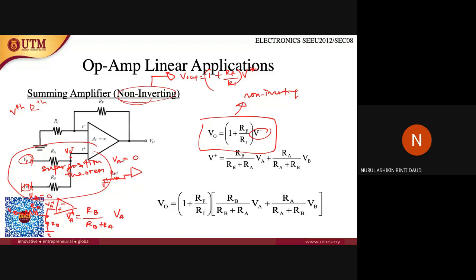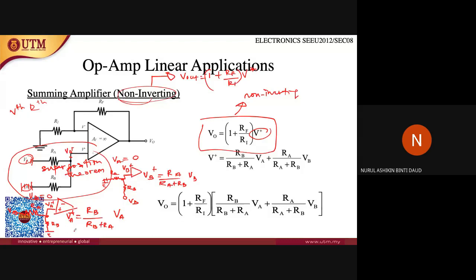This is RA, and this is RB. There will be the VB source. So at this point, it will be VB plus. How to calculate VB plus? VB plus will be RA over RA plus RB times VB.